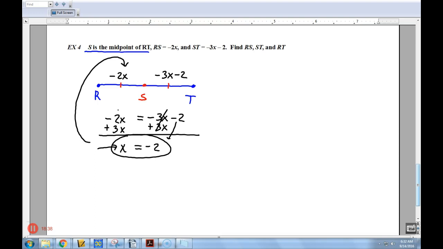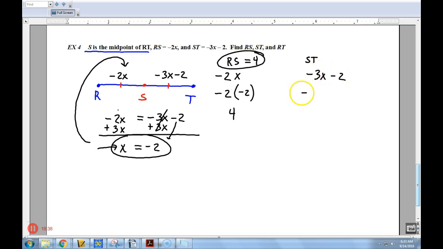So let's plug these in. We're going to find RS, and then we're going to find ST, and then we'll add them together to get RT. So RS was negative 2 times x, which is negative 2 times negative 2, which is 4. So RS equals 4. ST is negative 3x minus 2. I substitute the value for x in there.